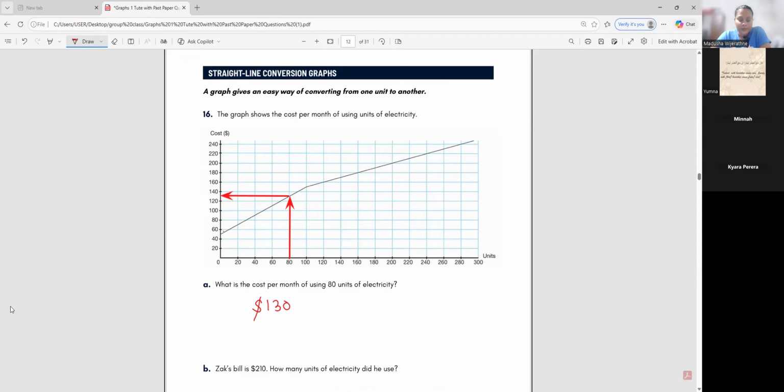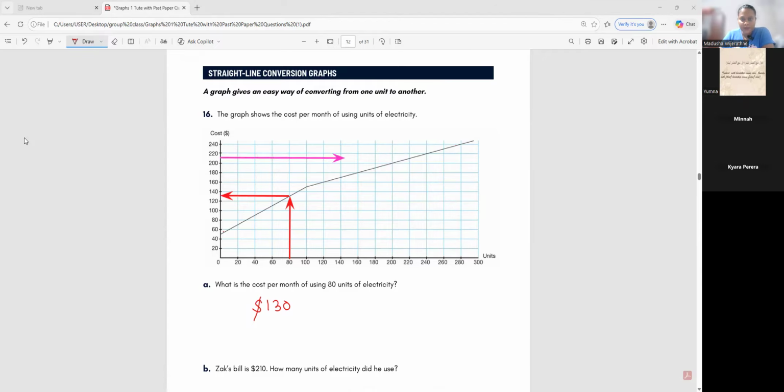Zag's bill is 210. How many units of electricity did he use? 210 from the y-axis. 210 is the middle of 200 and 220. Then go down.